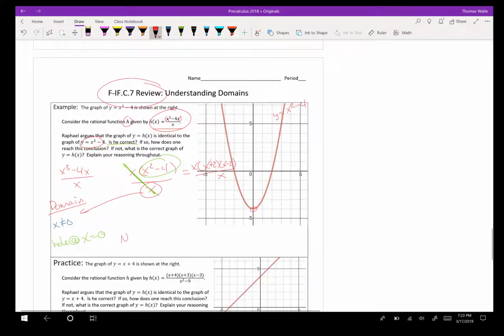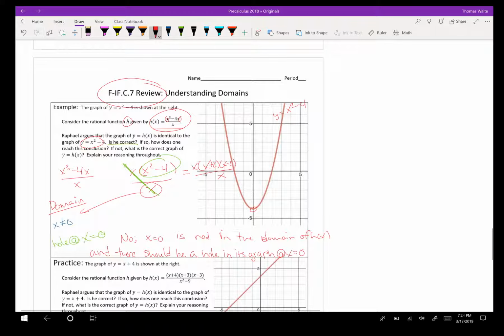So I can start by just saying no. x equals 0 is not in the domain of h of x, and there should be a hole in its graph at x equals 0.